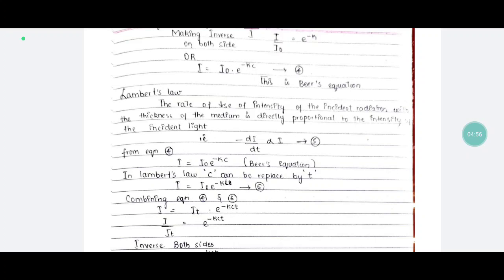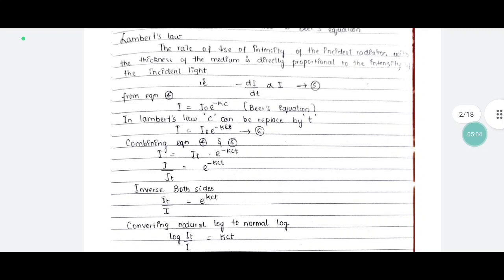In Lambert's law, the C can be replaced by t. So combining equations 4 and 6, I is equal to I_t into e to the minus kCt. Inverting both sides, it becomes I_t divided by I, which is equal to e to the kCt.